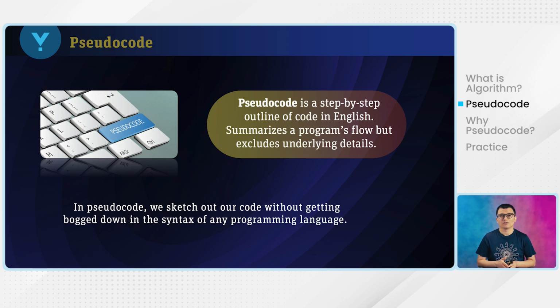In pseudocode, we sketch out our code without getting bogged down in the syntax and the structure of any programming language. It makes it easier for us to catch mistakes without even having to write or debug the actual code.